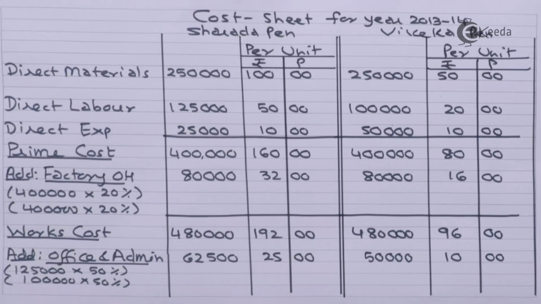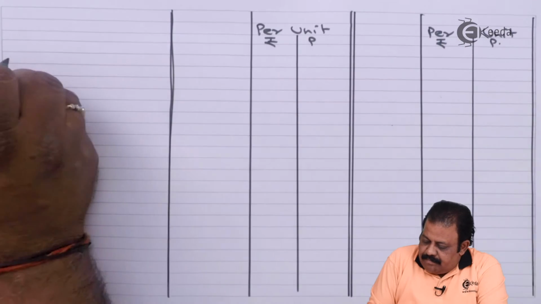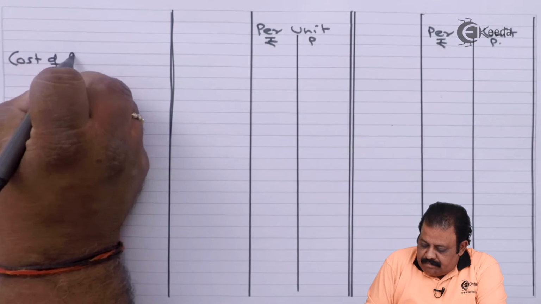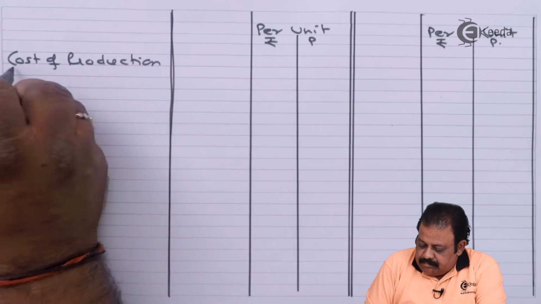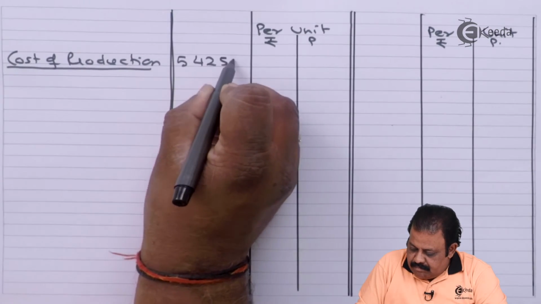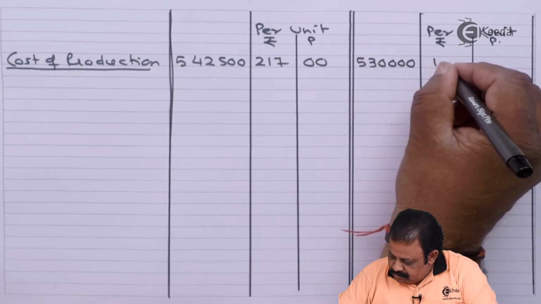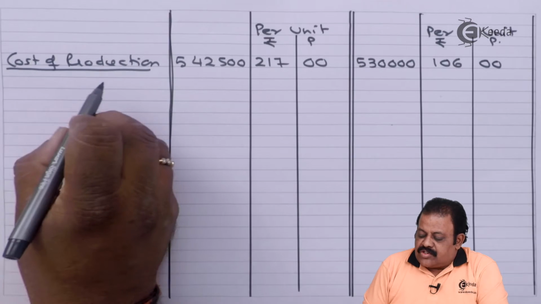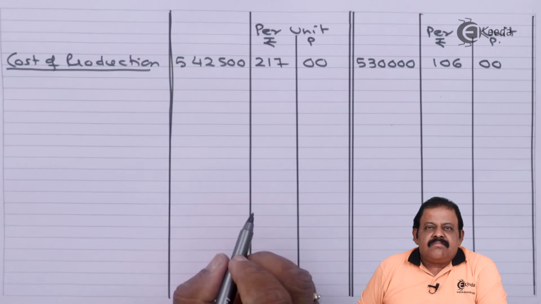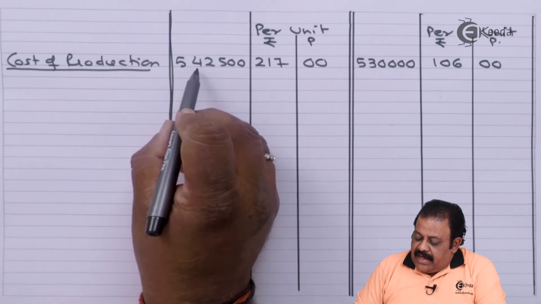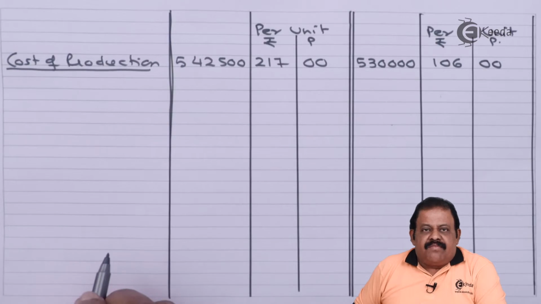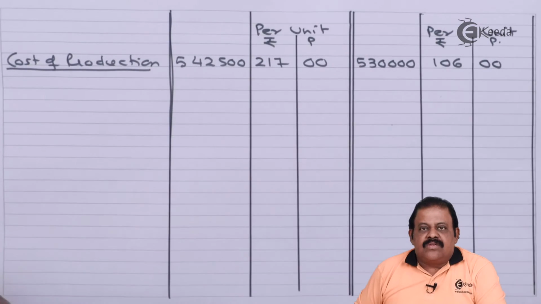We'll add this to get amount of cost of production. We got cost of production in case of Sharda pen 5,42,500. In case of Viveka pen 5,30,000.